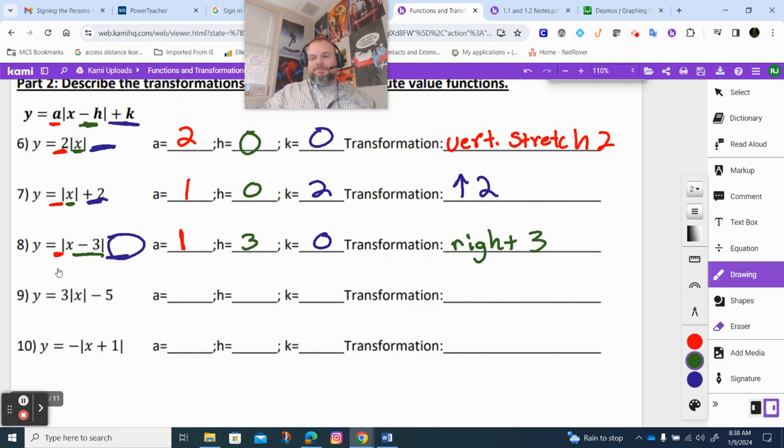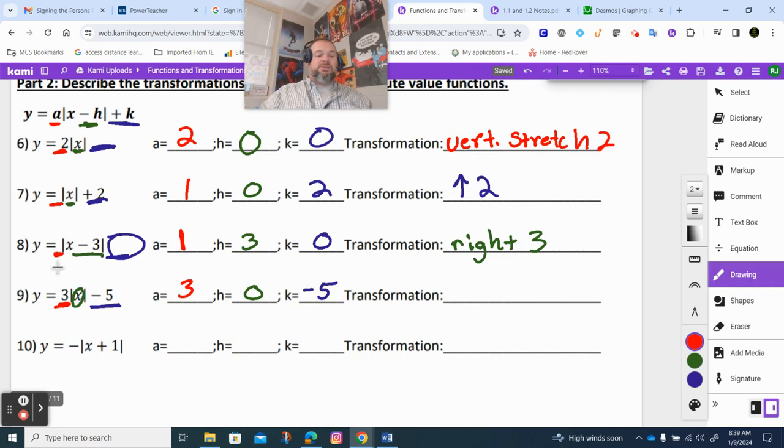All right. Number 9. What is this number right here? 3. All right. Inside right here, is anything being added or subtracted to x? No, so it's 0. At the end, what's being done? Yeah, -5. Awesome.